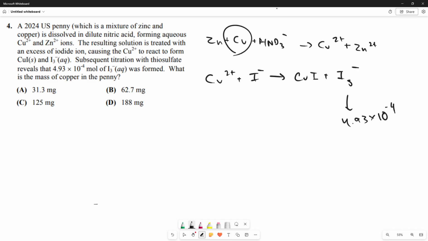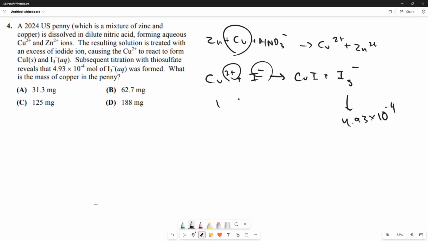So 4.93 times 10 to the -4th. We have to balance this equation first. It's not balanced. If we look at Cu2+ reacting with iodide to make CuI, there's a charge of 2+ here and a -1 charge, so it's a 1-to-2 ratio.